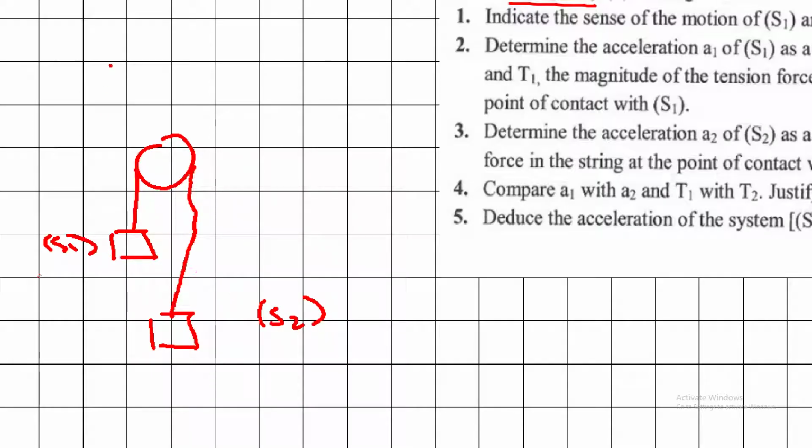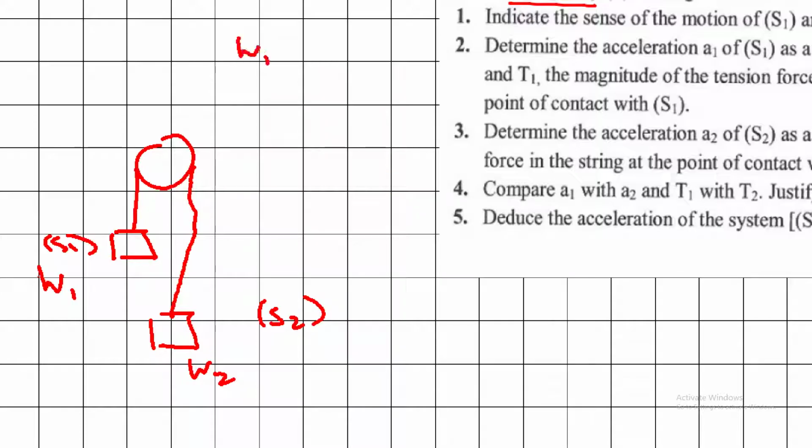We know that this answer can be justified by comparing the weights of S1 and S2. So we determine the weight W1, and we determine the weight W2, and we compare them.